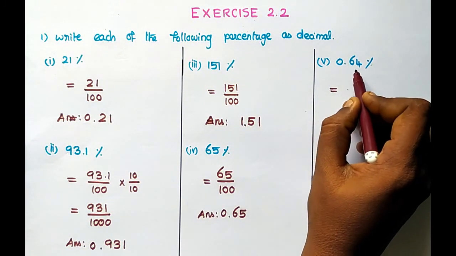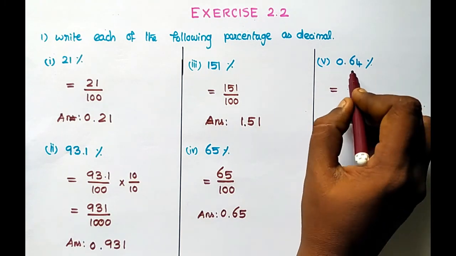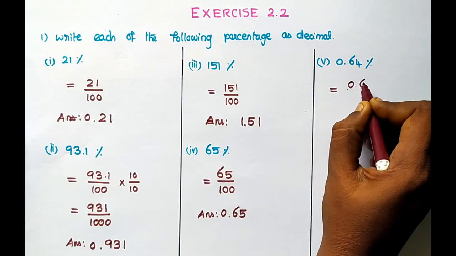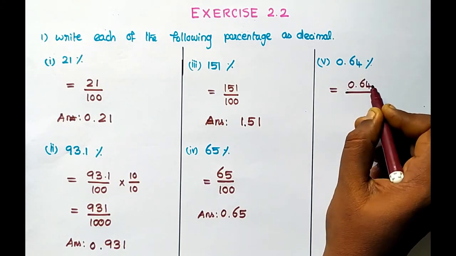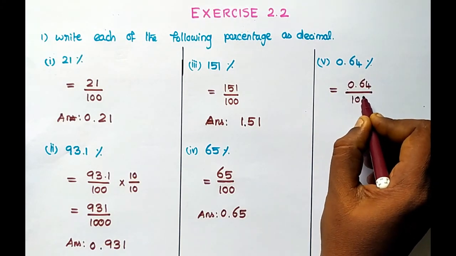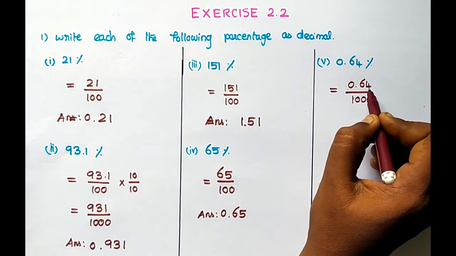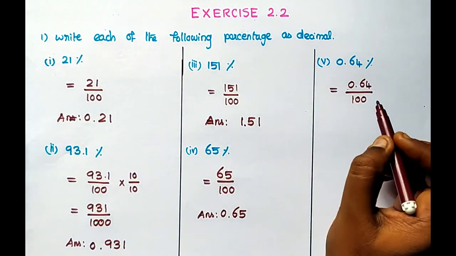Listen, 0.64 percentage. Write down first 0.64 divided by 100, since percentage means 100. Now we have to change the numerator into a whole number.